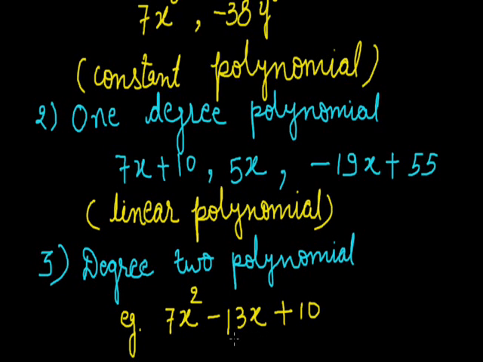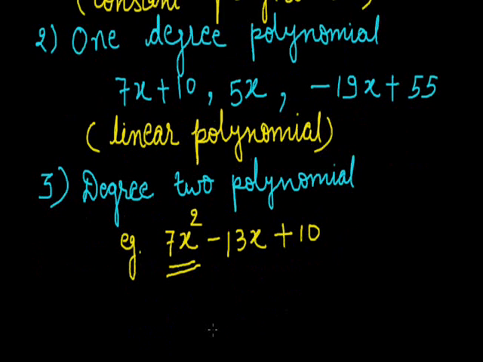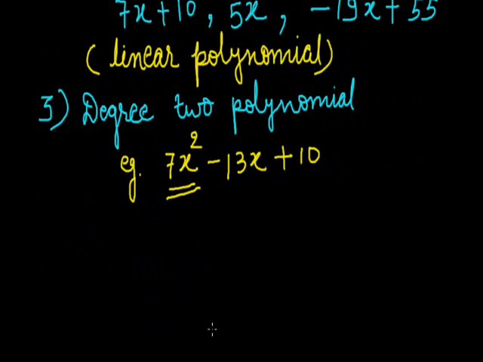It is a 2 degree polynomial because the highest exponent of the term is 2. It contains the linear and constant terms, but there may be examples which do not contain the linear term, like 55x square. It is also a 2 degree polynomial.